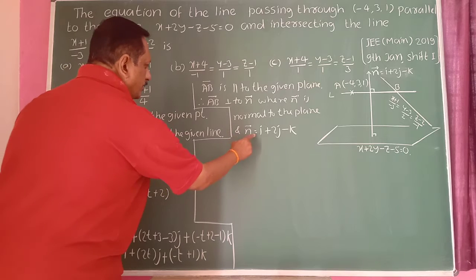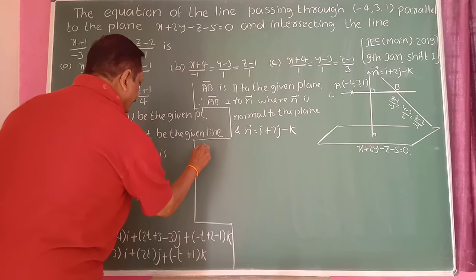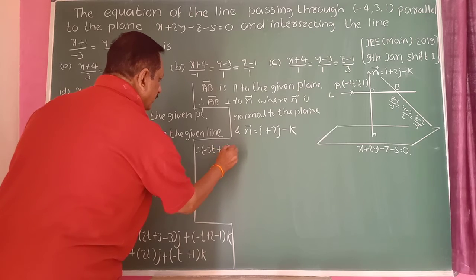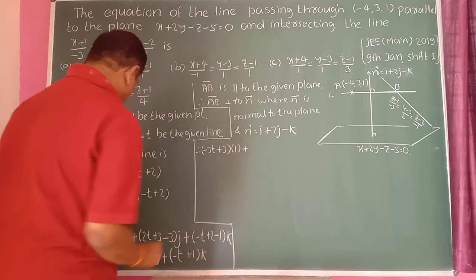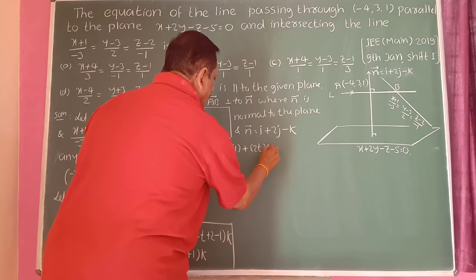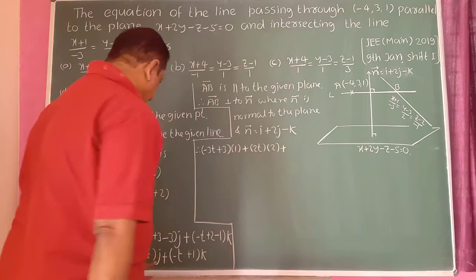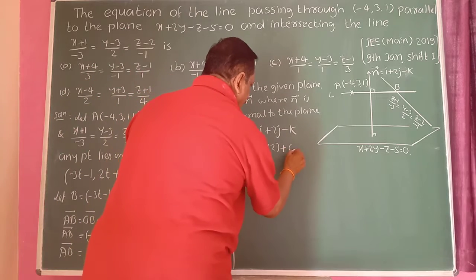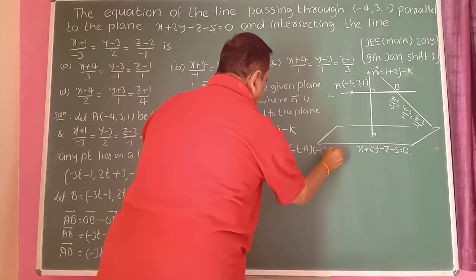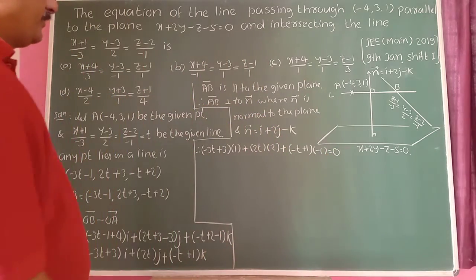(-3t + 3) times 1 plus 2t times 2 plus (-t + 1) times -1 equals 0.